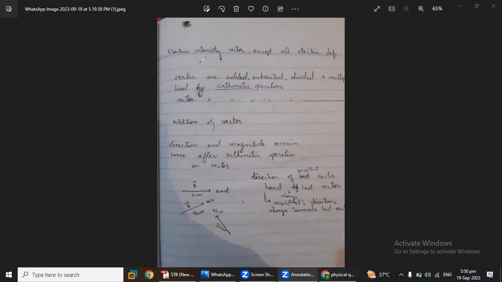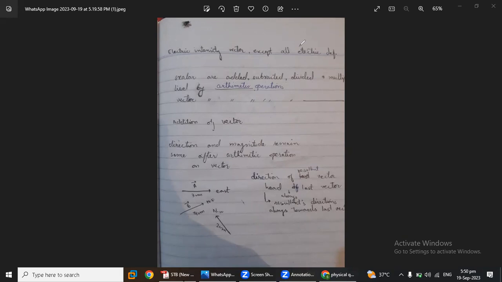So we discussed scalars and vectors, and we know that scalars are added, subtracted, divided, multiplied by arithmetic operations. That means we don't need to learn it. But vectors, it's not the same. They're added, subtracted, divided, and multiplied by vector operations. So we cannot take the same, and we need to learn the addition and subtraction of vectors.